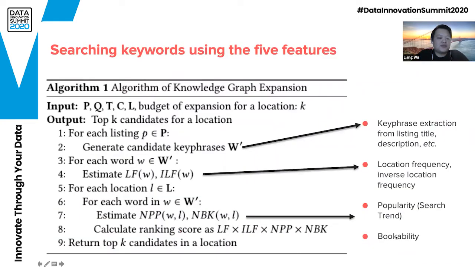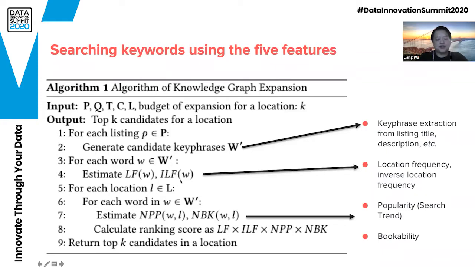Based on these rules, or these metrics, we propose a heuristic-based method. So this is the algorithm. In step 2, we extract the key phrases from the listing titles and descriptions. For all the extracted words, we estimate the location frequency and the inverse location frequency based on the location.